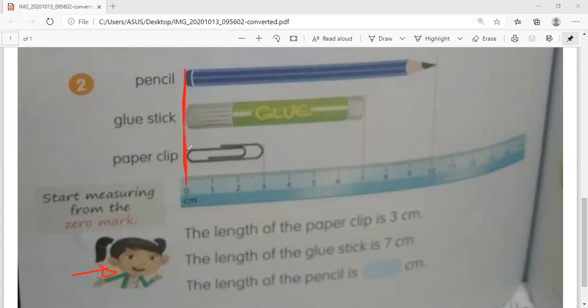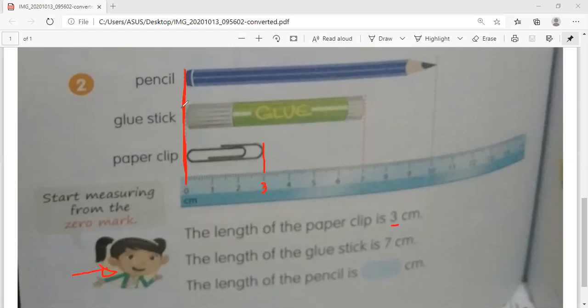Because the paper clip goes from this to this. And this is 3 cm. This is 1, 2, 3, 4, 5 until 15, ya. So that's why it says 3 cm, because the end is at the 3.